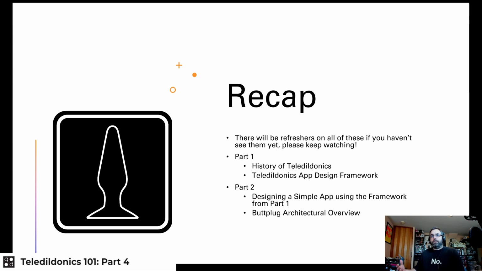The second part was taking that framework that I showed in part 1 and building a simple toy control application with it on the web using Glitch and Buttplug.js. After we did that, I also gave an architectural overview of Buttplug.